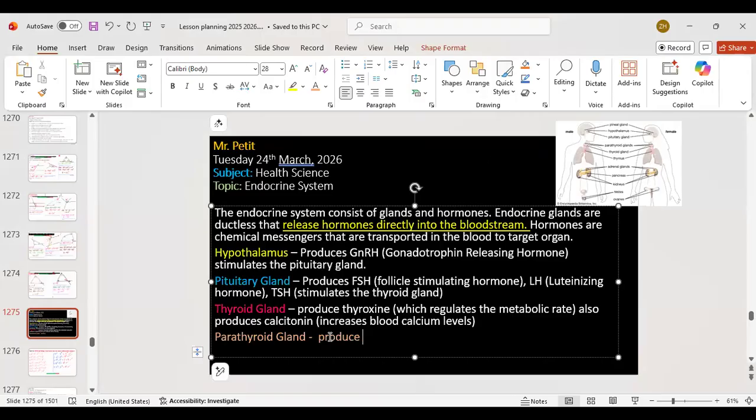Calcitonin decreases blood calcium level, but this one produces, I can't remember the name of this hormone.